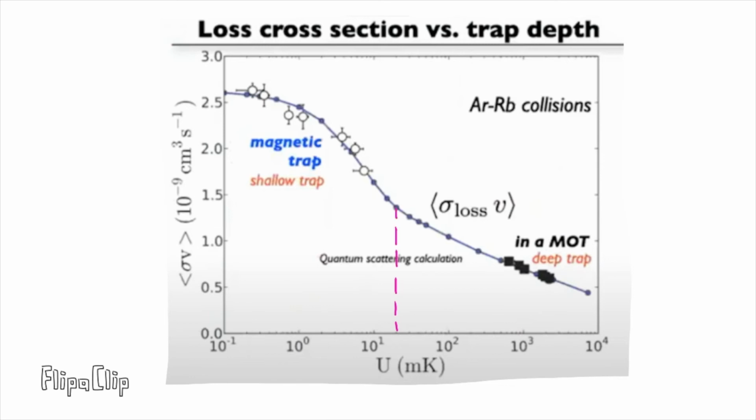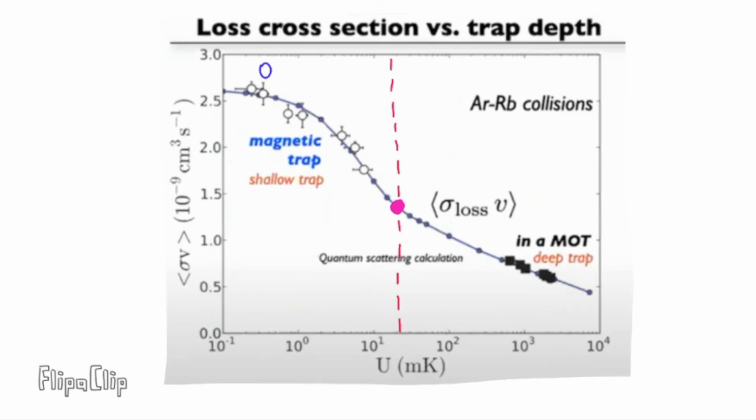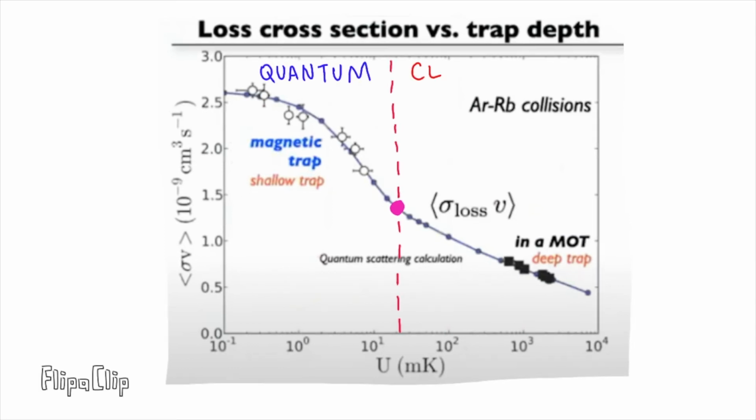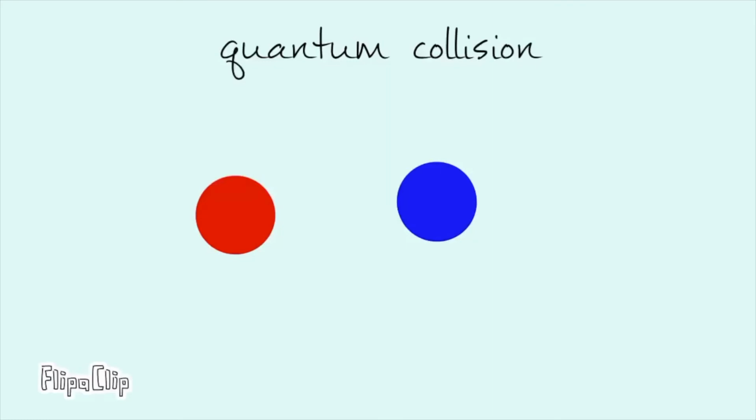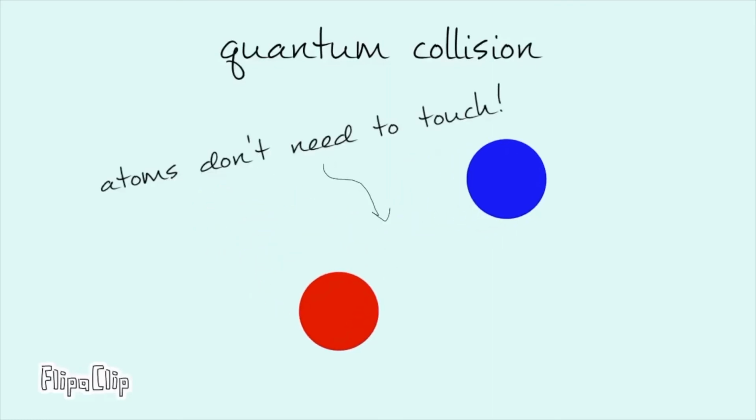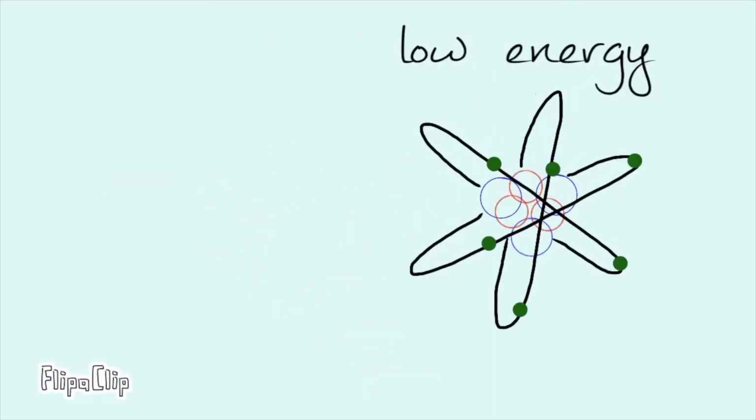Now for a trap set up at 30 millikelvin, we'll see that half the collisions generate a loss, and the other half don't. And this midpoint tells us something important. This is where we separate the classical from the quantum. Quantum collisions can generate losses at really shallow depths, but not at deep ones because they don't generate enough energy. And at energies below this point, quantum collisions dominate the system.